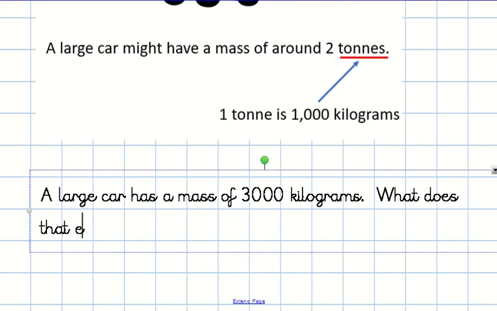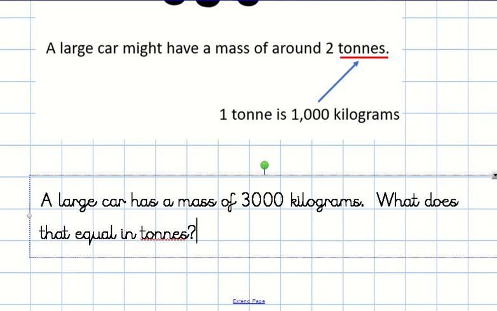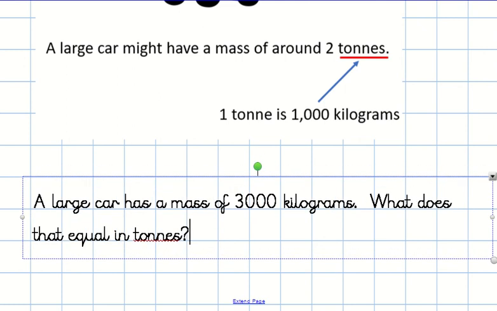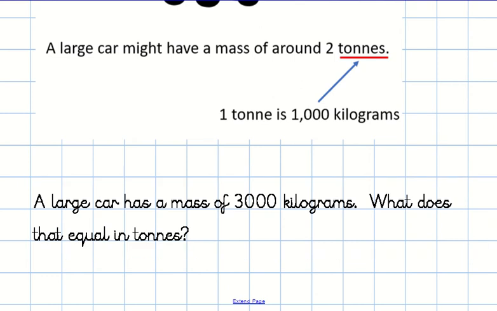What does that equal in tonnes? Well, we know that 1 tonne is 1,000 kilograms, so I'm going to have to divide my 3,000 by 1,000. 3,000 divided by 1,000 equals 3, doesn't it? Because we know 3 lots of 1,000 equals 3,000.